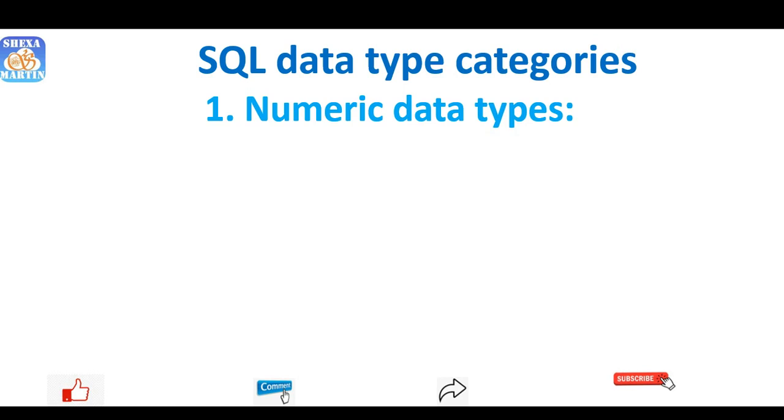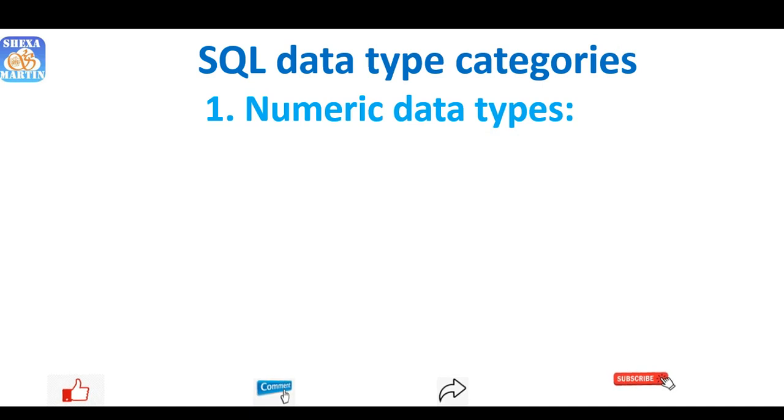For example, we have integers, and then we have float, we have double, we have bit, a bit which is either a 0 or a 1. It takes up a certain amount of space.